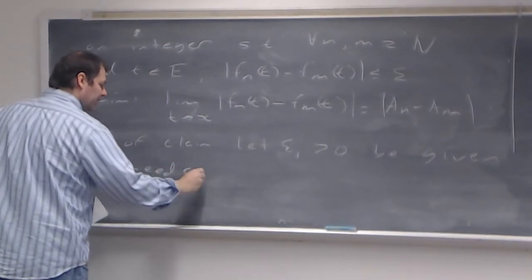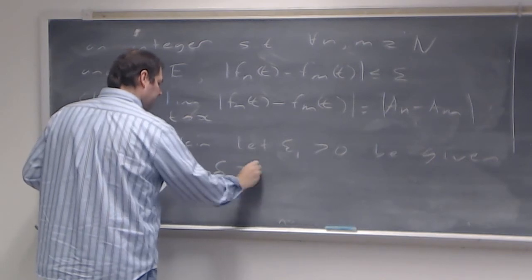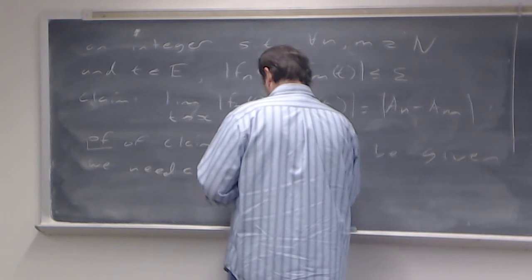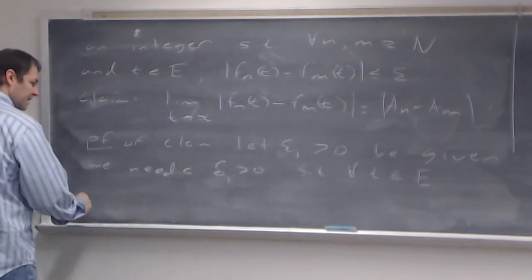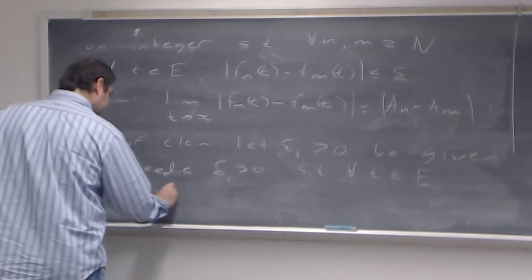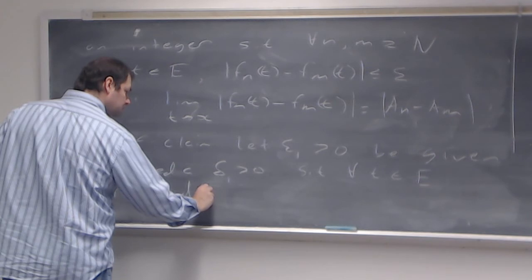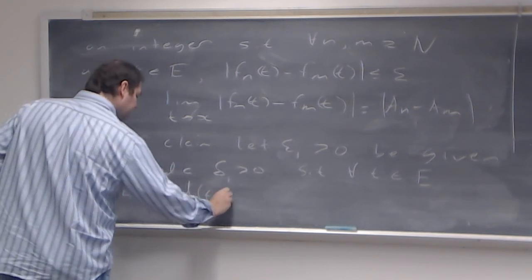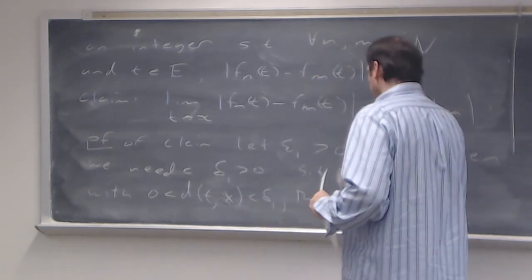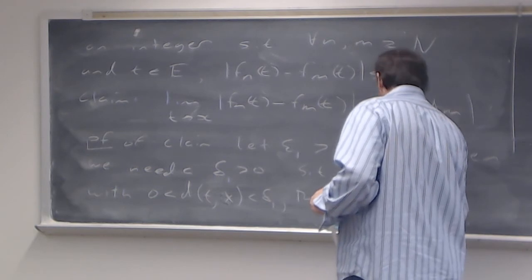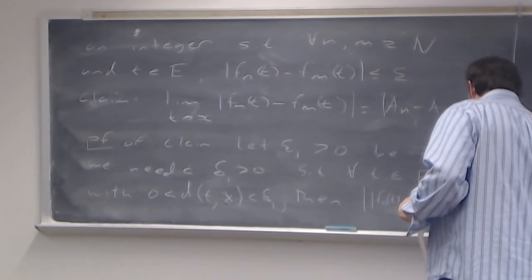We need a delta sub 1 greater than 0, since we're talking about a limit, such that for all t in E, remember E is part of a metric space, so we have 0 less than the metric, I'll call it d, of t and x, when that's less than delta sub 1, then the absolute value of the absolute value of f sub n of t minus f sub m of t, minus the absolute value of a sub n minus a sub m, will be less than epsilon sub 1.